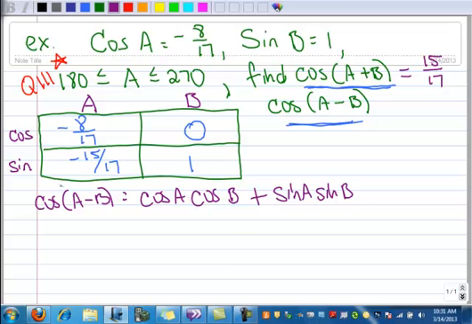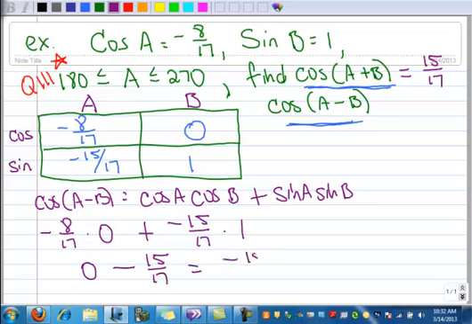So the cosine of A is negative 8 over 17, and the cosine of B is 0. Now this is a plus. Sine of A is negative 15 over 17 times the sine of B, which is 1. This is 0. Yep, I remember that one. Plus minus, so that's going to be a minus 15 17ths. So this equals negative 15 17ths.